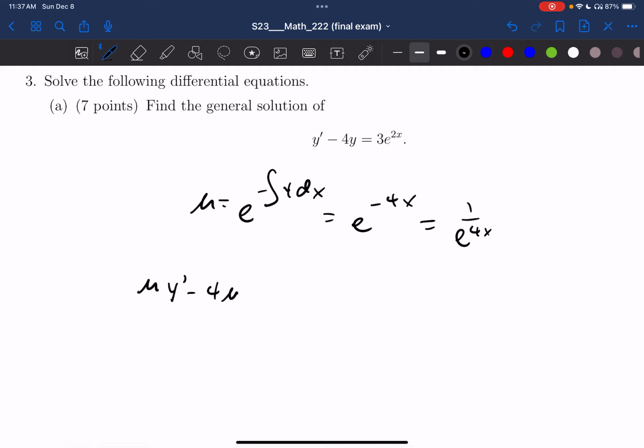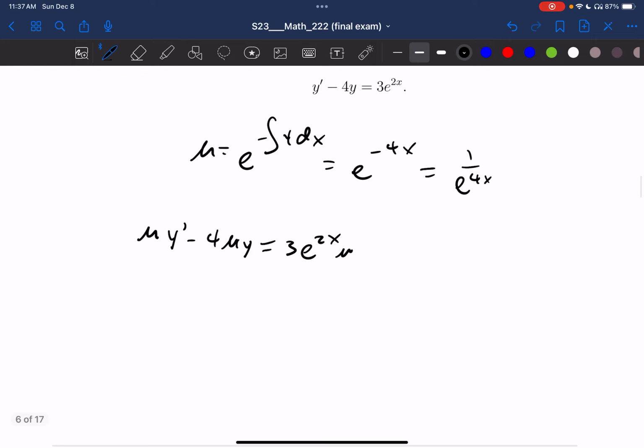and multiplying everything by mu, y' mu minus 4 mu y is equal to 3e to the 2x times mu. Now, if we do the reverse product rule thing, what you're going to have is mu times y, derivative, will be equal to 3e to the 2x times mu.